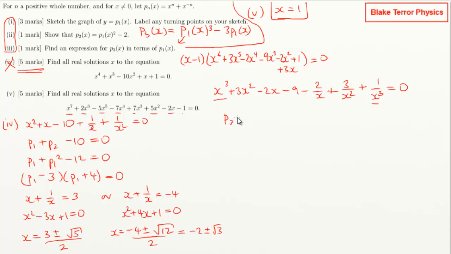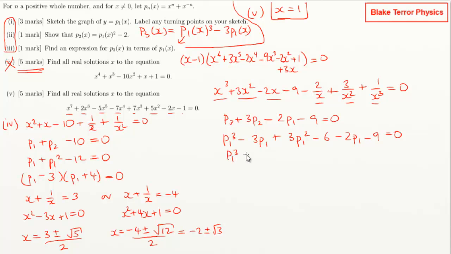We've got 3 P2s giving that one, and we've got minus 2 P1s giving us that one, and then we've got minus 9 equal to 0. P3, so that is P1 cubed minus 3P1 plus 3P2, so 3P1 squared minus 6. Then we've got minus 2P1 minus 9 equals 0. So P1 cubed plus 3P1 squared minus 5P1 minus 15 equals 0.